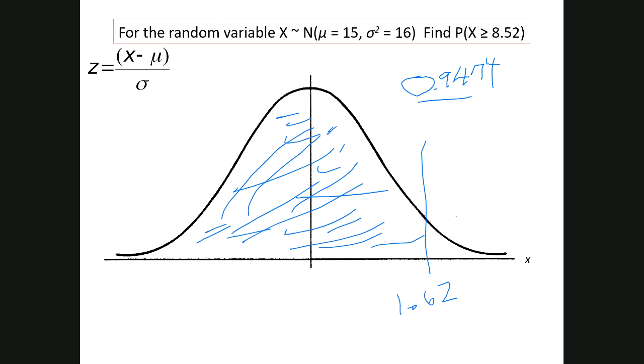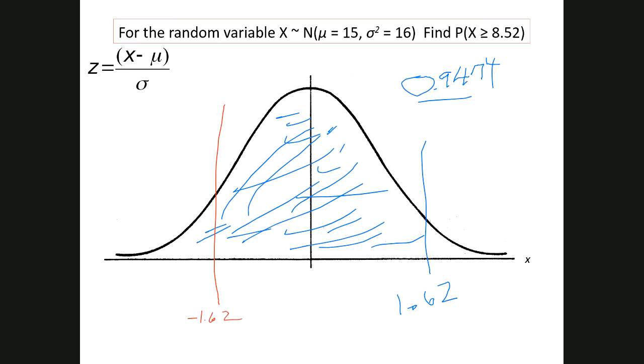If you remember, we wanted to find everything that's to the right of 8.52, which was negative 1.62.